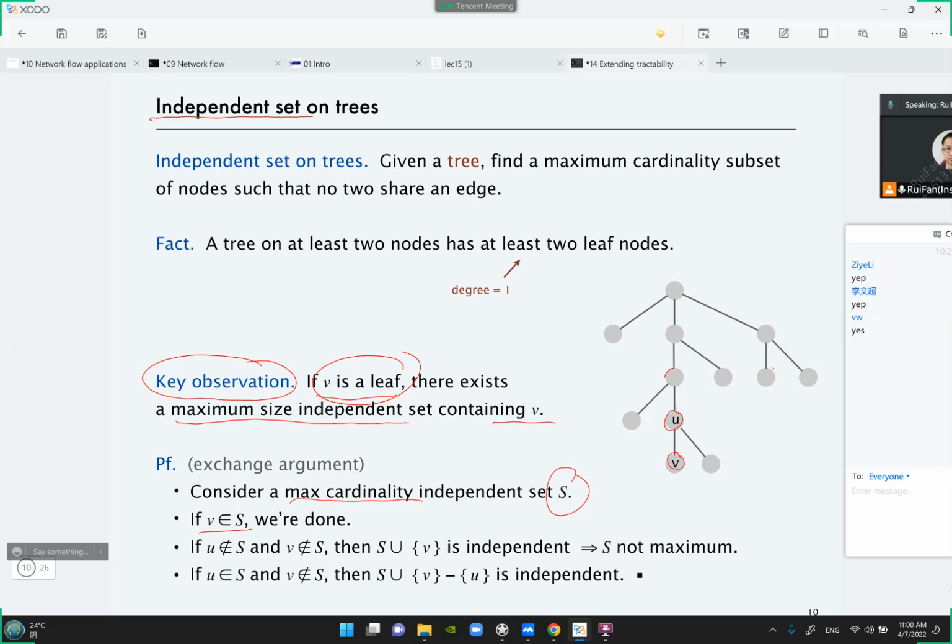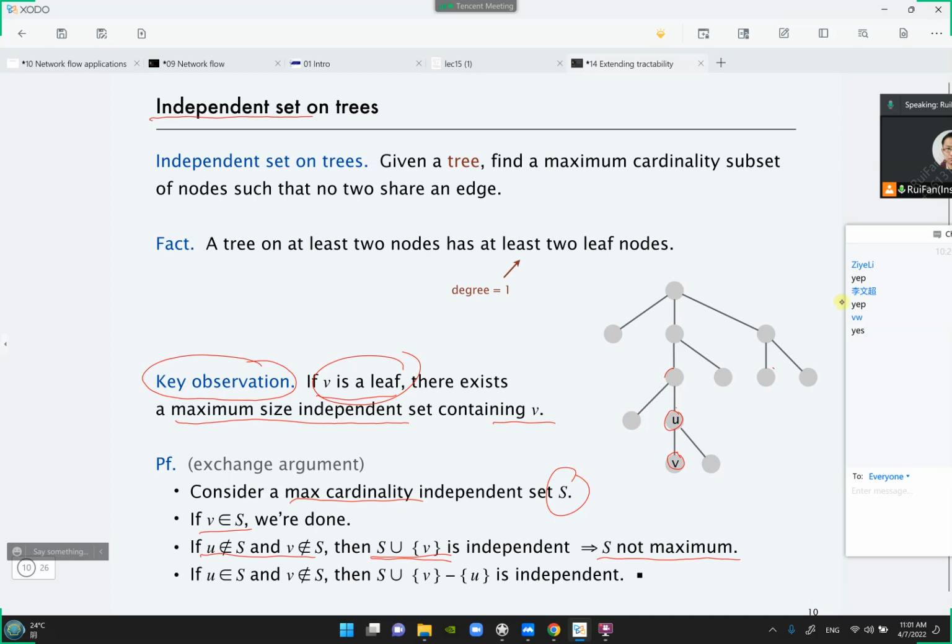Now if both V and U are not in the independent set, then we can add V into the independent set, because you don't conflict with anything. Then you can add V and it's still independent, but that's a contradiction because now S is not a maximum size independent set, since we can add something to it and still be independent.